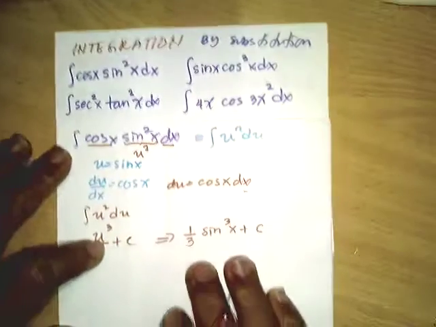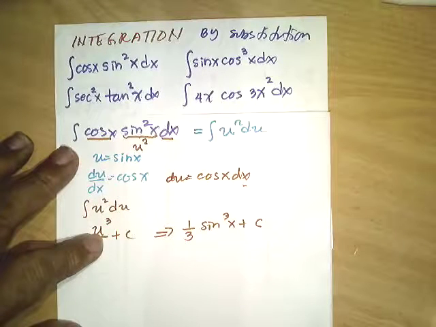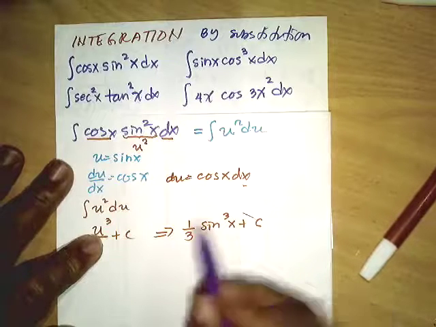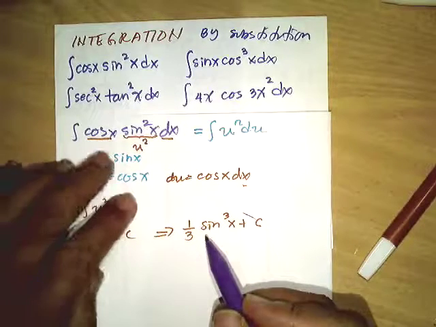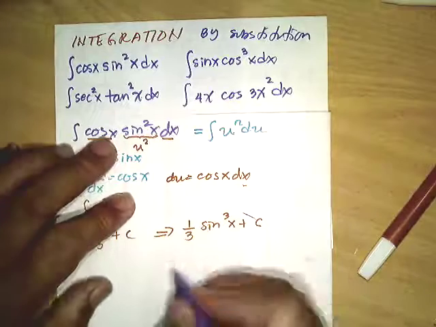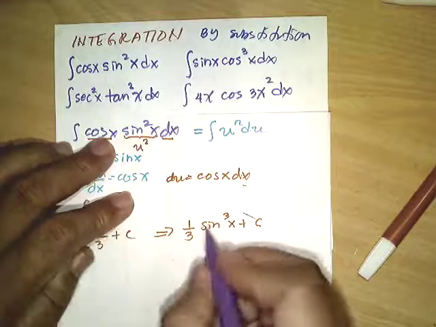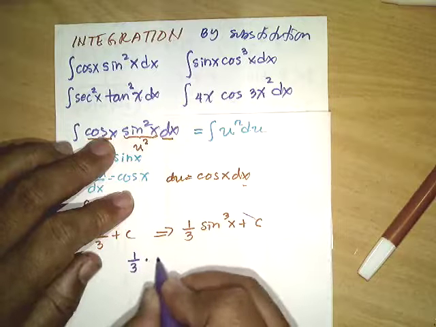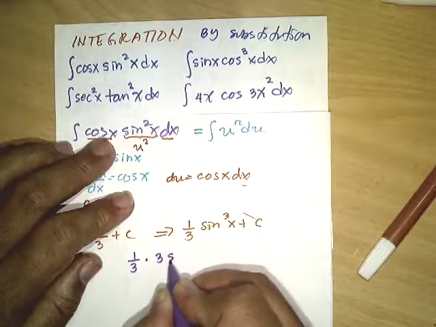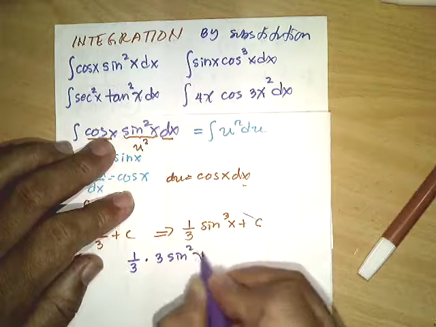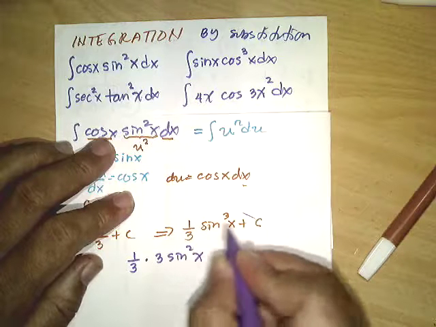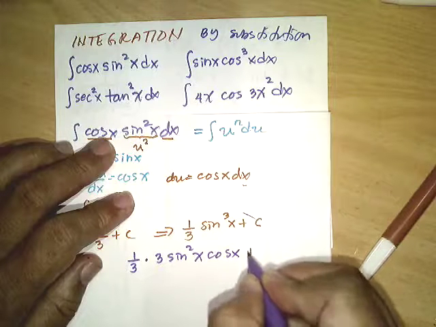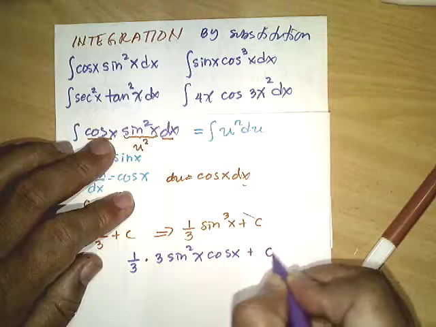Now let's check whether our answer is right. When we take the derivative of that, it must be equal to the integrand. Let's try. In our differentiation, that is equal to 1/3 times 3 sine squared x times the derivative of sine x, which is cosine x, plus the derivative of the constant, which is 0.